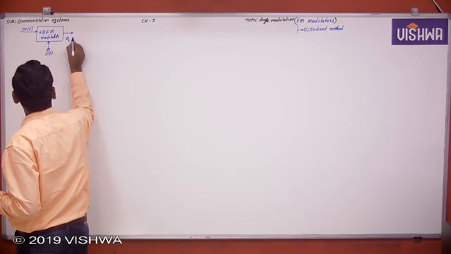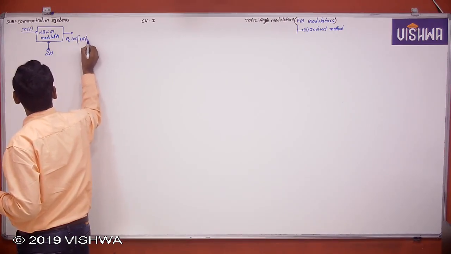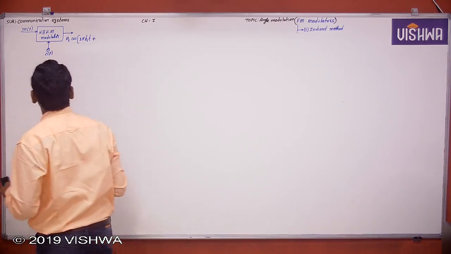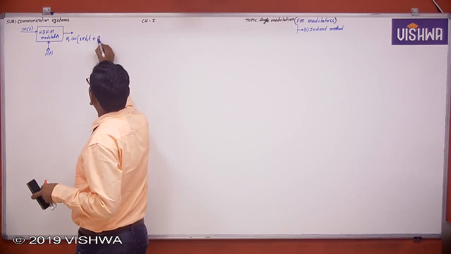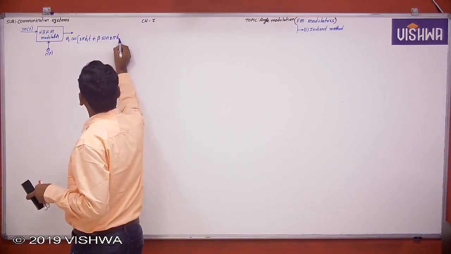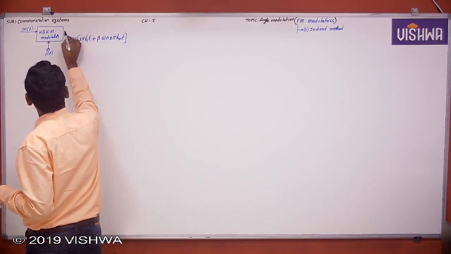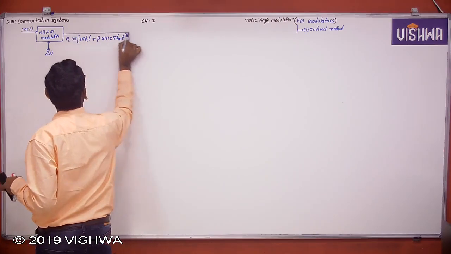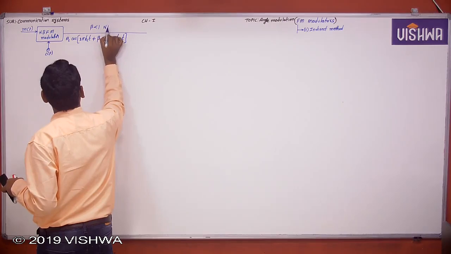Now the signal is Ac cos 2 pi fc t plus beta sin 2 pi fm t inside the angle. Here beta is less than 1, therefore this is narrow band FM.